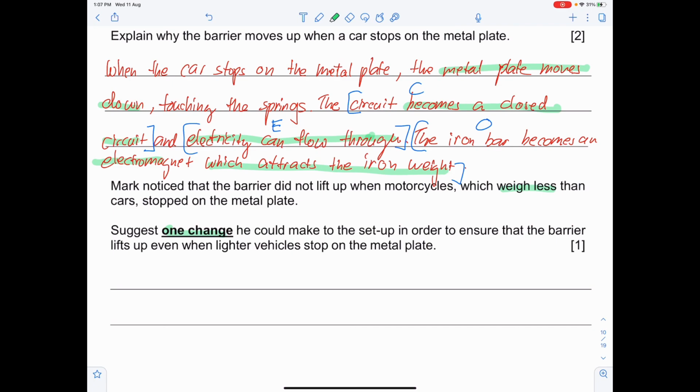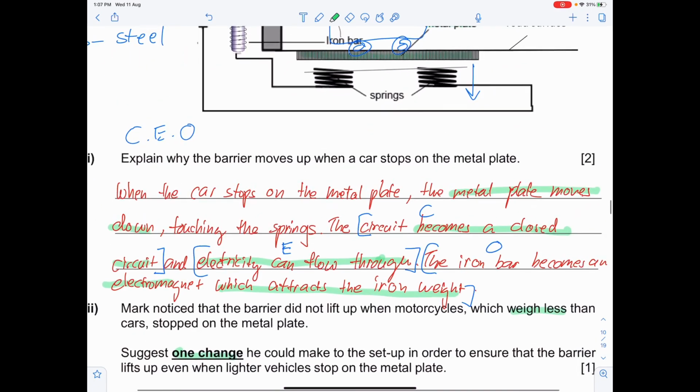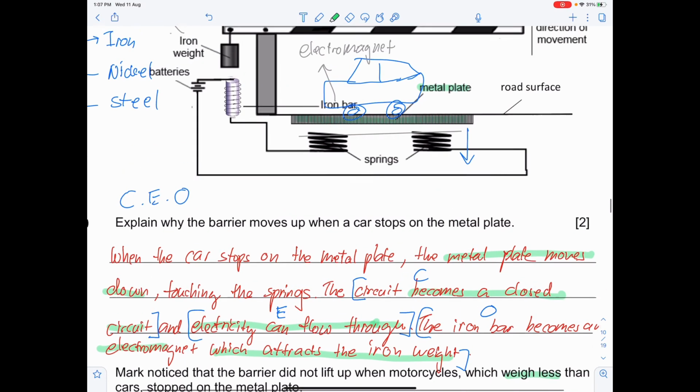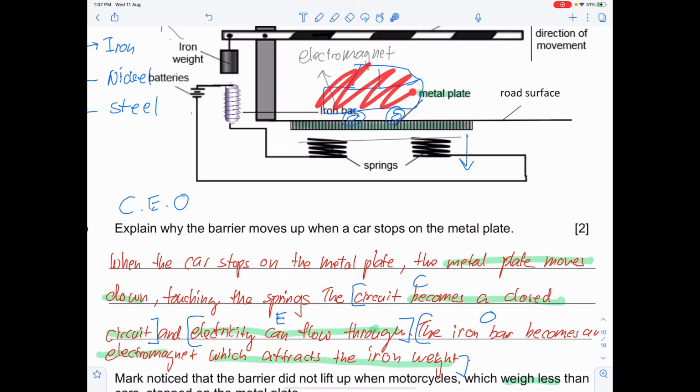Now, in this question, the whole idea is that the motorcycle didn't work because it was too light. Compared to the other one, it has not enough mass. So the metal plate will not touch your contacts.